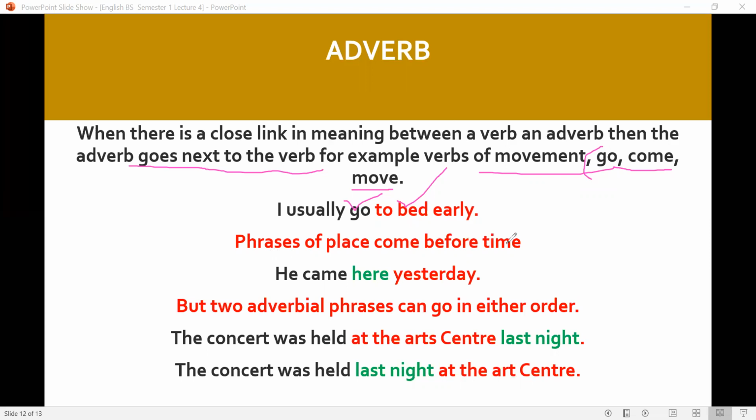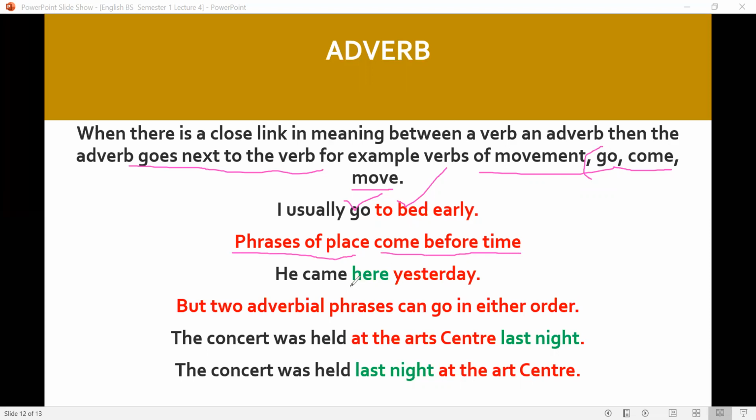Phrases of place come before time. If there are two types of adverbs, one explaining the place and the other explaining the time, then put the phrase of place before the phrase of time.